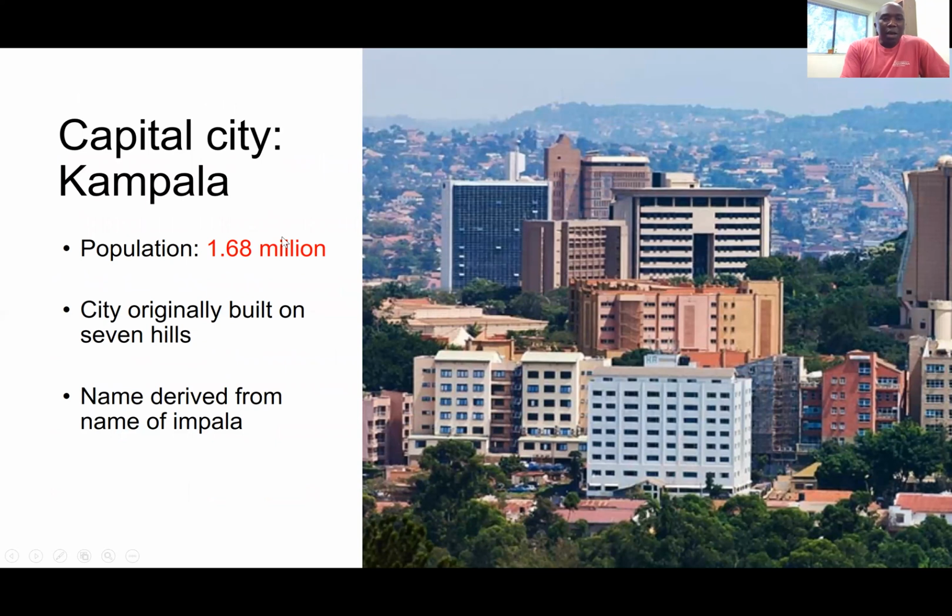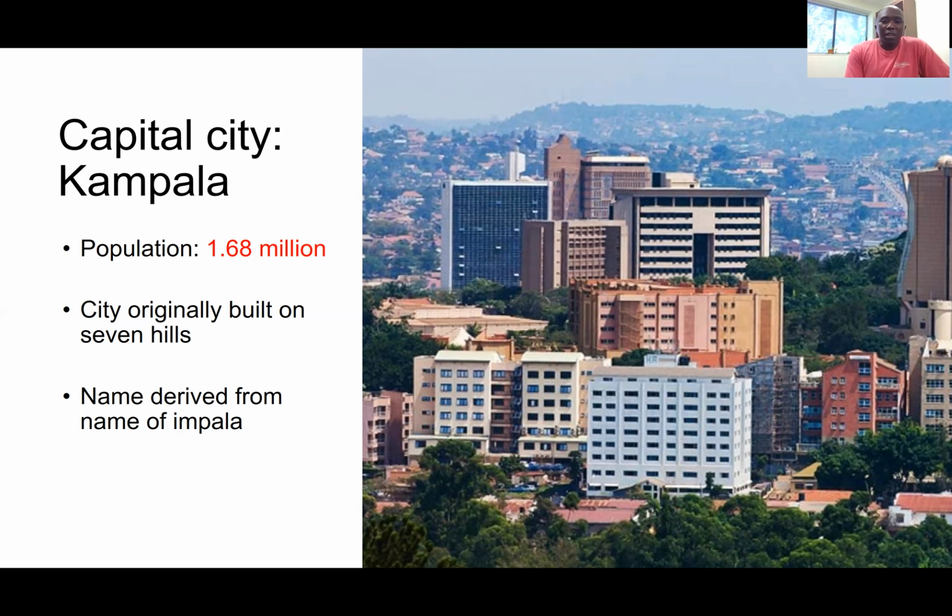So the capital city of Uganda is called Kampala. The picture on the right shows you a snapshot of Kampala city. The population of Kampala city is about 1.6 million people. About 200 years ago, the area on which the city sits was basically a hunting ground.